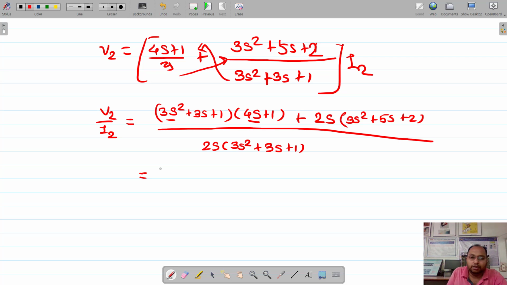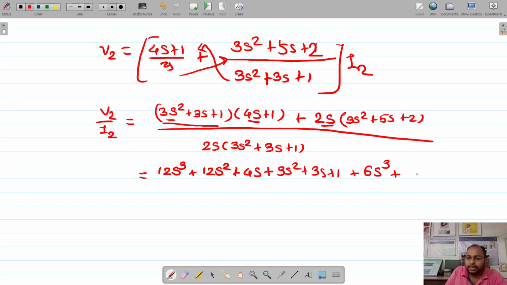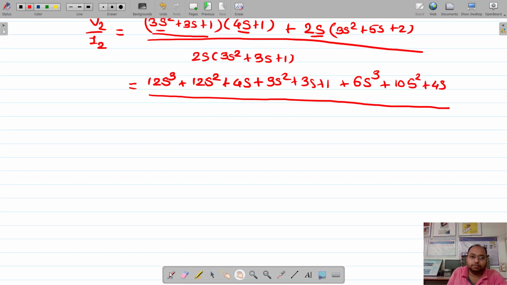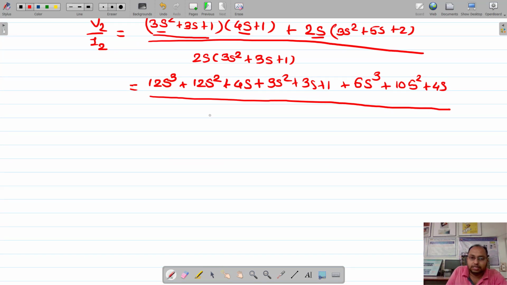So 4 into 3, 12s cube plus 4 into 3, 12s square plus 4s, and multiplied by 1 is nothing but simply repeating this bracket, so 3s square plus 3s plus 1, plus, now let us multiply 2s into this bracket: 6s cube plus 10s square plus 4s, divided by 6s cube plus 6s square plus 2s, right? Okay, now let's simplify it.